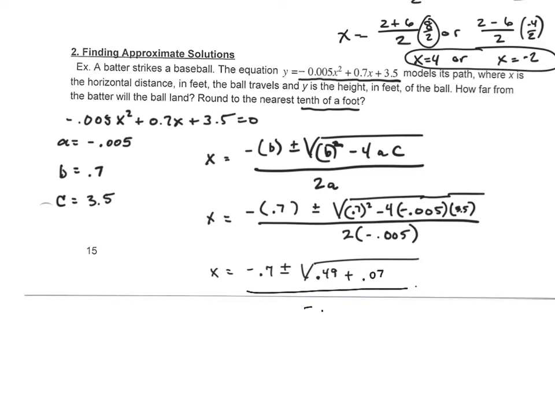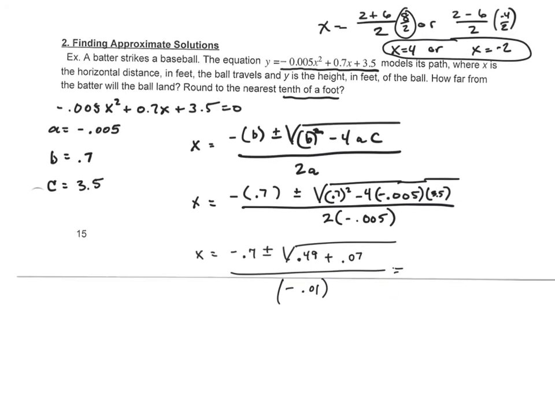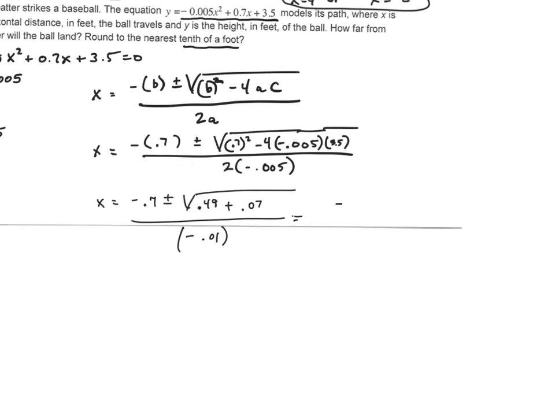And then, so now I can do some simplifying here, and I'm going to have negative 0.7 plus or minus the square root of 0.56, all of that over a negative 0.01.